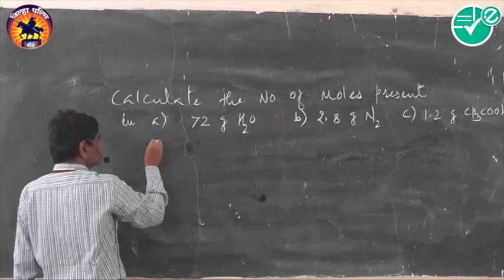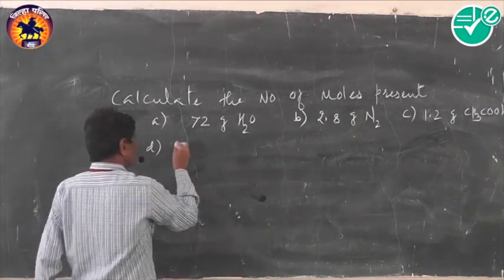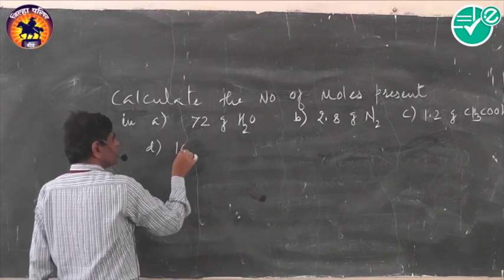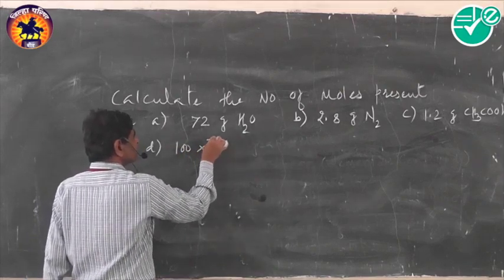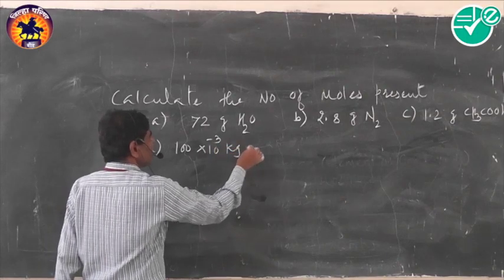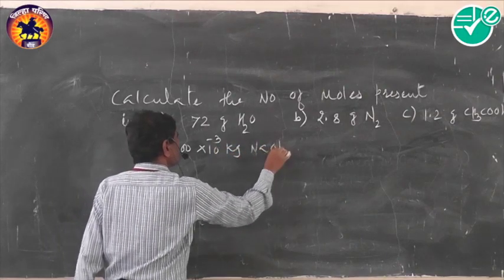And D, 100 into 10 raised to minus 3 kilogram sodium hydroxide.